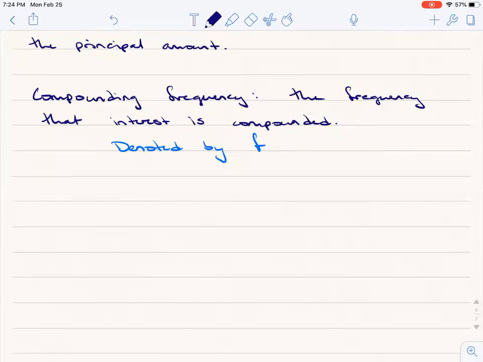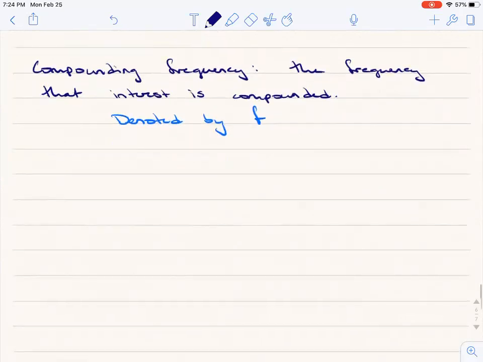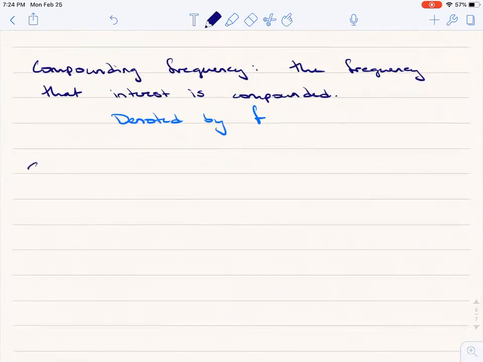There are some common frequencies that we need to know, how many times that is per year usually. Some of these are going to be obvious, some of them are not as obvious. So some common frequencies we need to memorize.